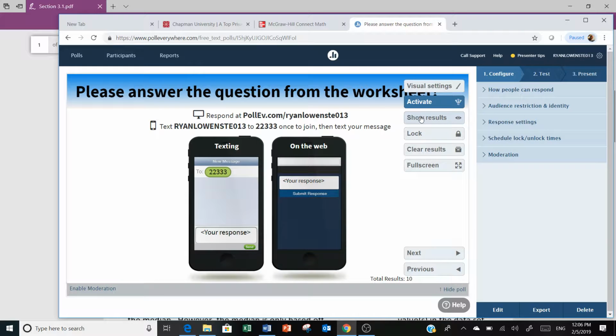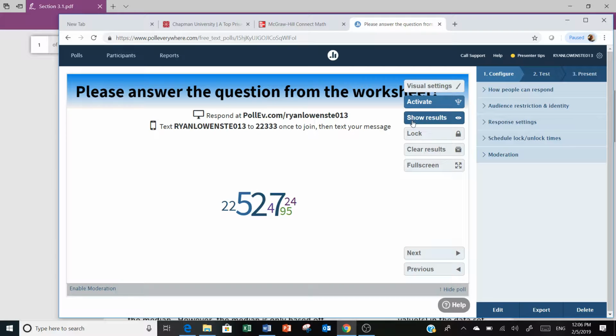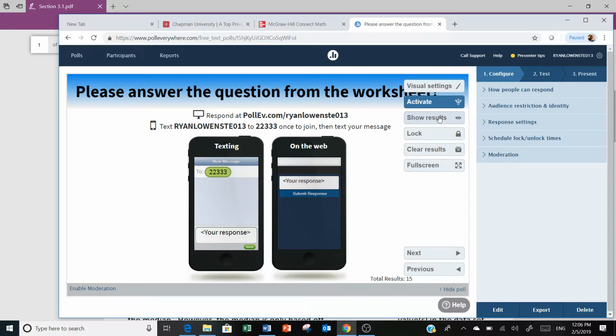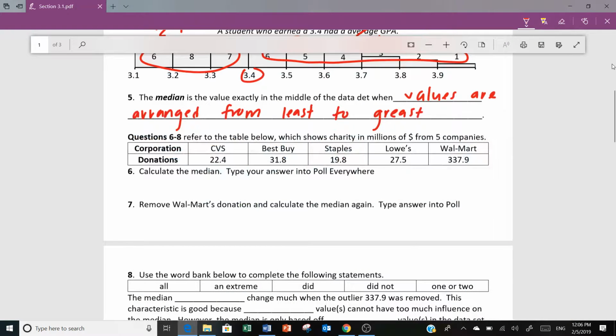So we're just actually doing number 6 because you can't do 2 Poll Everywheres at once, unfortunately. Let's see our results. Okay, those are all very, very different. Okay, here's the answer. What do we have to do with the values? Arrange them from least to greatest.